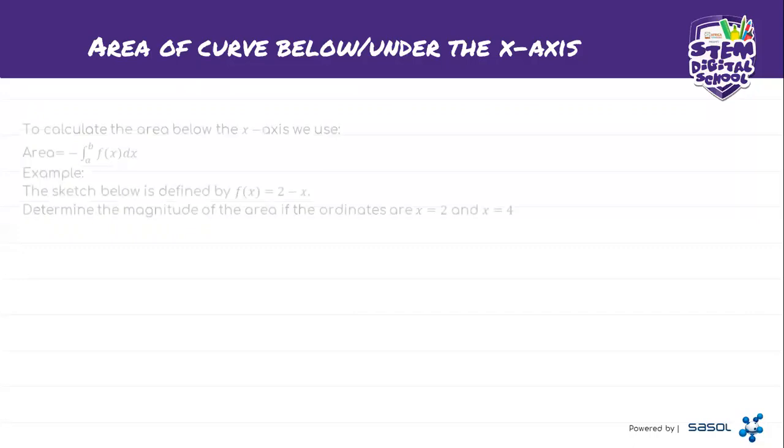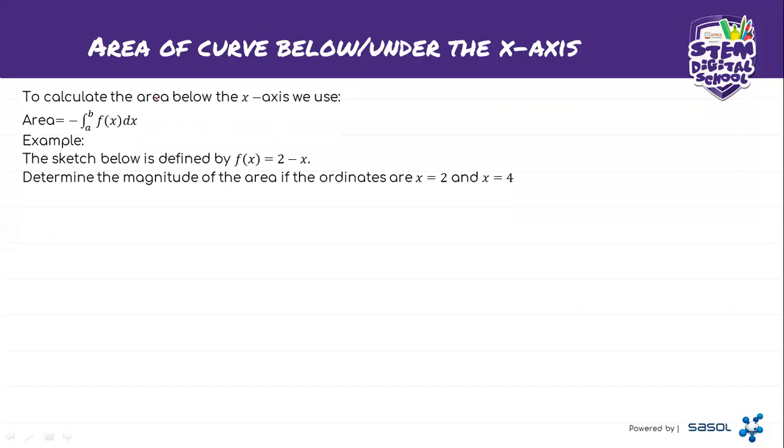What are we going to do? Now, to calculate the area below the x-axis, we say negative the integral sign having the lower and the upper limit of f of x dx, right? So the only difference in this one is the negative.